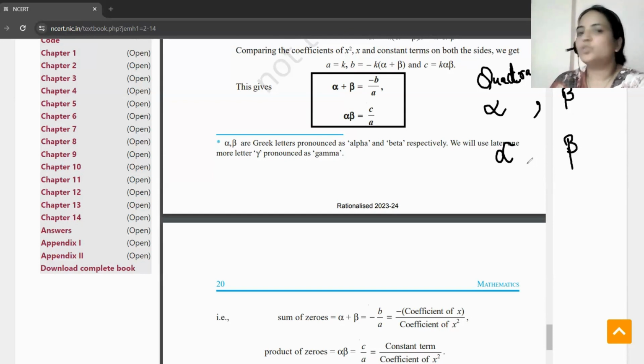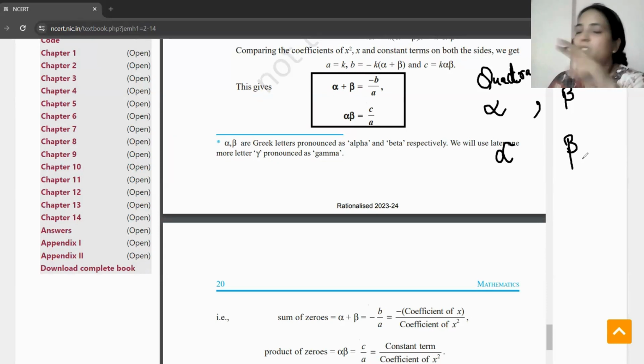So alpha and beta are relatable. Alpha and beta are the two zeros we are talking about. That quadratic polynomial would have two zeros, two solutions, two values.